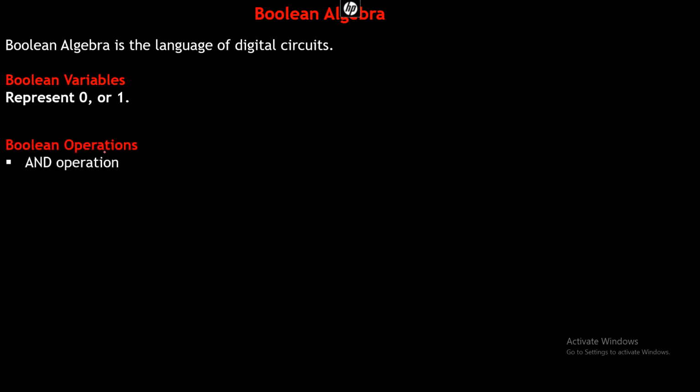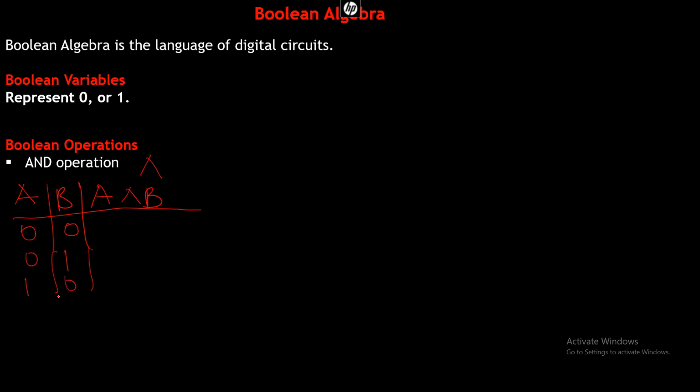Now, the first one is the AND operation. The AND operation is denoted by this symbol here. Now you have your A, B here. This is operation A and B. Now what are the possible combinations? 0, 0, 0, 1, 1, 0, 1, 1.